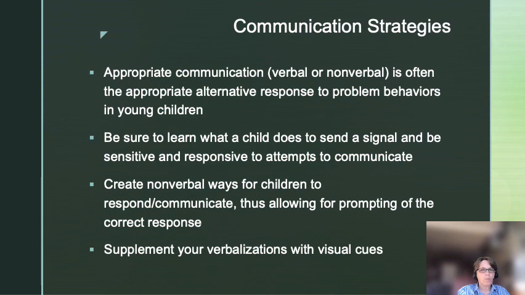So we always want to think about what an appropriate communication is whenever we see a child acting out in an inappropriate way. So if every time you tell a 3-year-old, come on, it's time for circle, he screams and runs away, that might suggest that he needs an appropriate way to refuse circle.